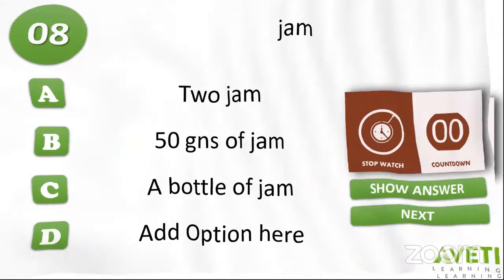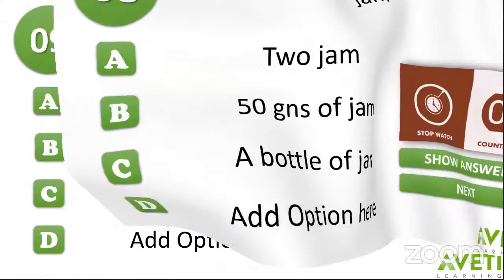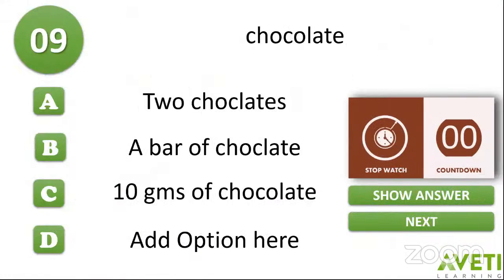Now let us see the last one, chocolate. Chocolate, we all know again, is uncountable. So how can we make it into a countable noun? Which options are right?